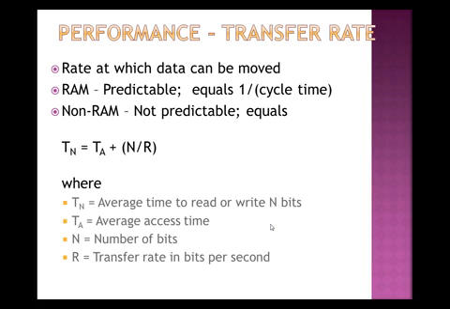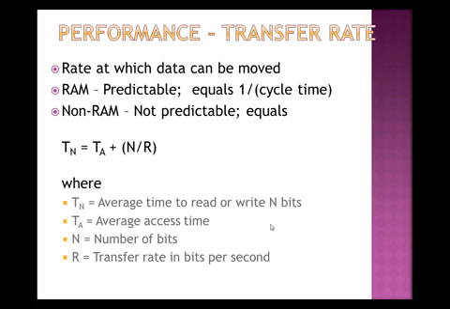Then we have studied the transfer rate, that is the rate at which data can be moved. It is known as the transfer rate. RAM has a different transfer rate and non-random-access memory has a different transfer rate. The RAM transfer rate is predictable, and it equals 1 divided by the cycle time.